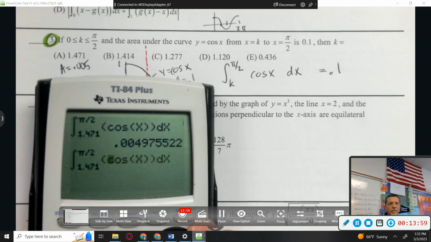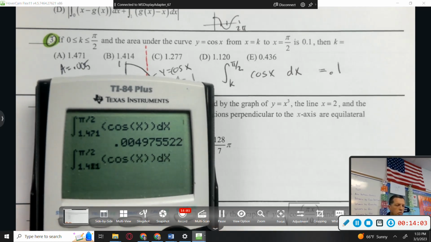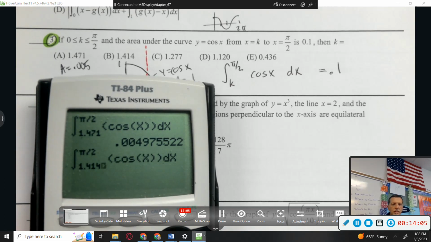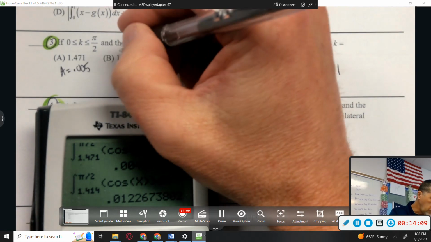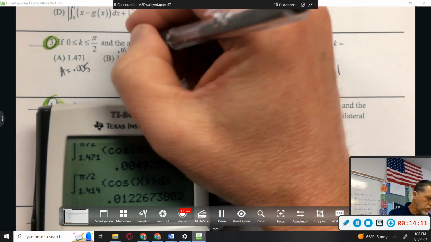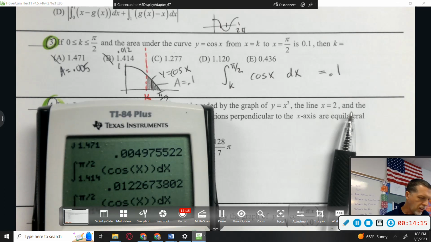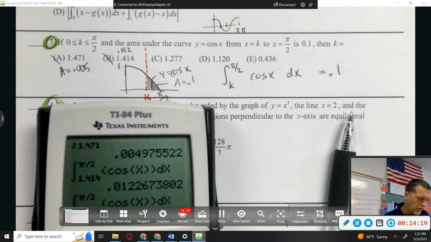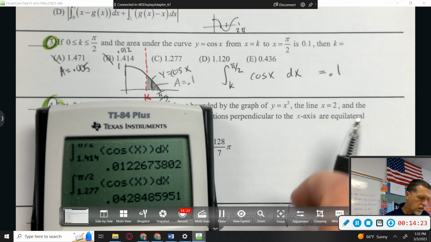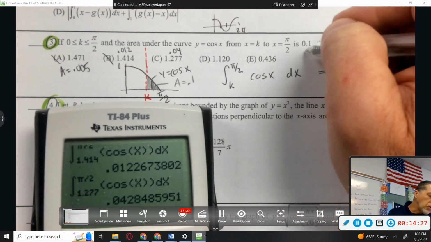And so then all I have to do is change that lower limit, 1.414. So this really isn't that hard to guess and check. 0.012, so that's not it either. It's close. Second entry, 1.277. I think that's the closest we can. 0.04. I'm trying to get to 0.1 though, not 0.01.